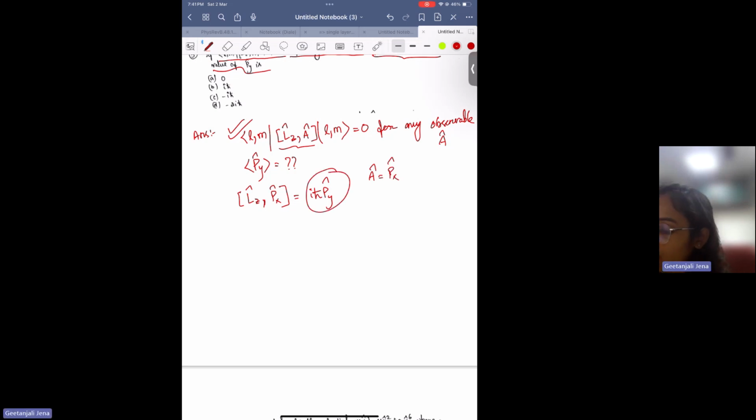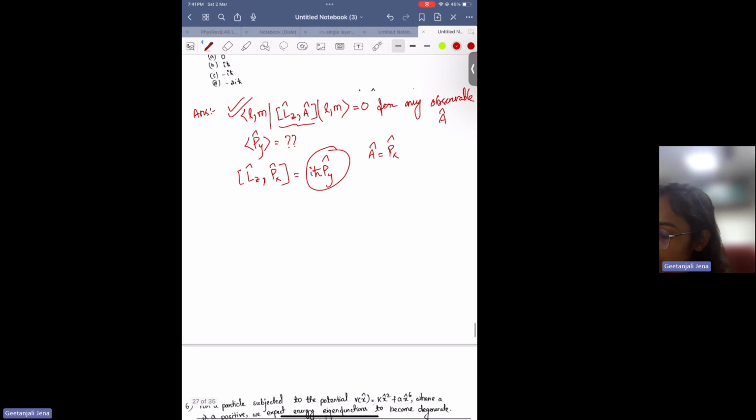So how can you find out this form? You just have to use the expression for Lz, which is y Px minus x Py.